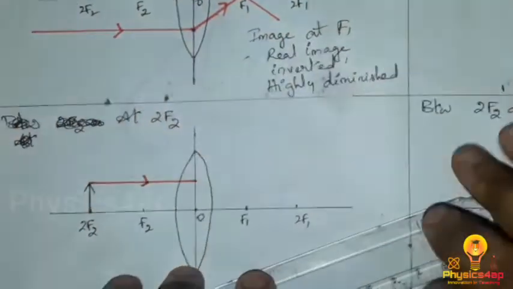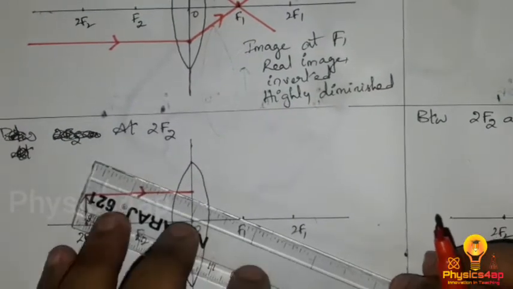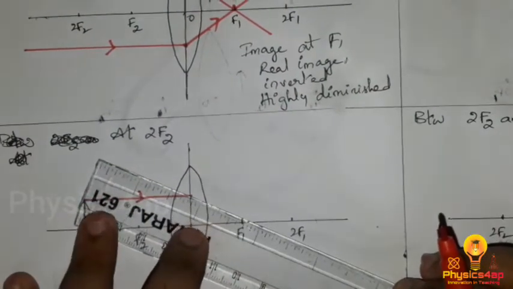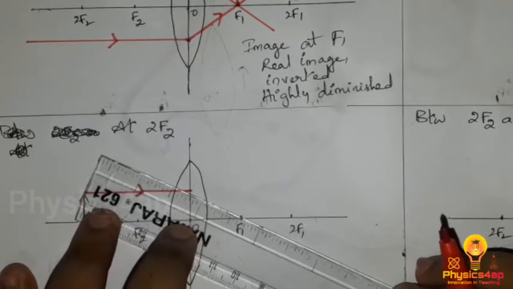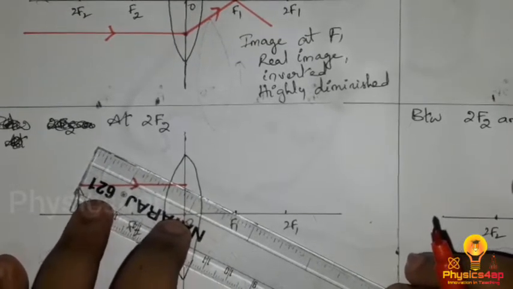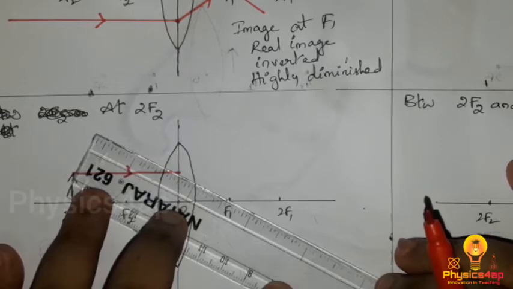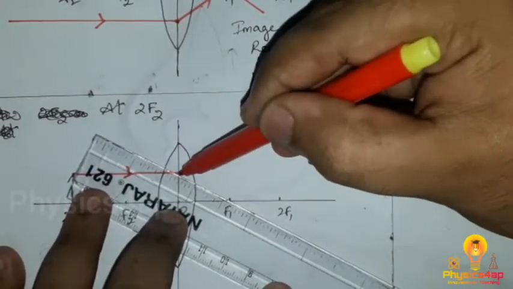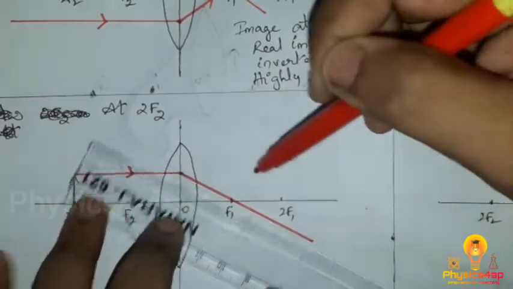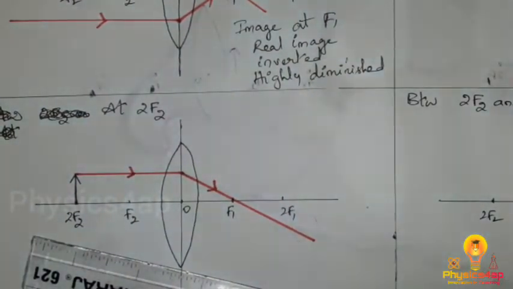Make sure that when you are drawing the lines, these arrow marks are very important. That is why we call them ray diagrams. Ray diagrams represent that it should have an arrow mark over here. If there is no arrow mark, then that doesn't represent a ray diagram. See that exact point, and this is the refracted ray where it bends over here.